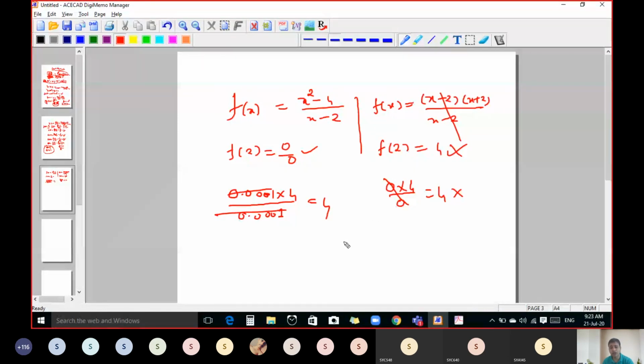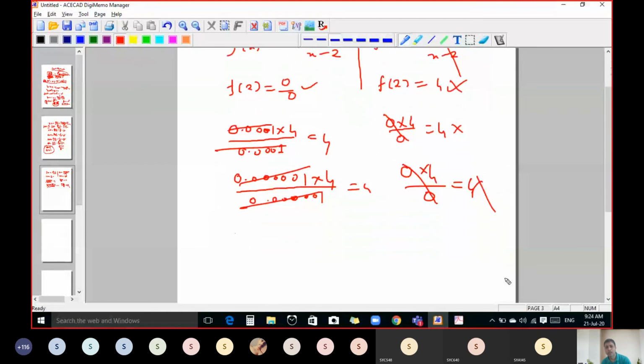Not only this, if it is like this, 0.000001 into 4 divided by 0.000001, the same, then you can cancel this and write the answer 4. But if it is like this, 0 into 4 upon 0, and if you cancel this and write the answer 4, then it is wrong.